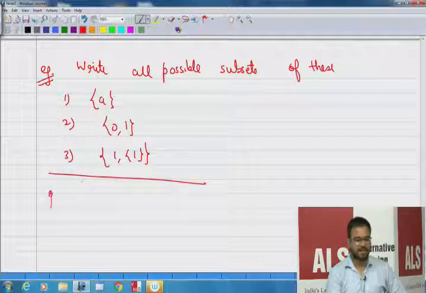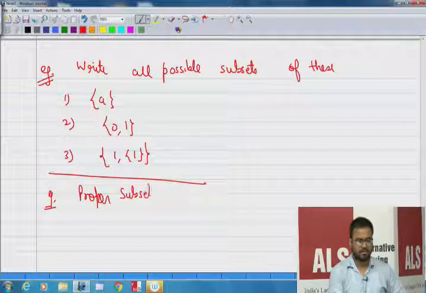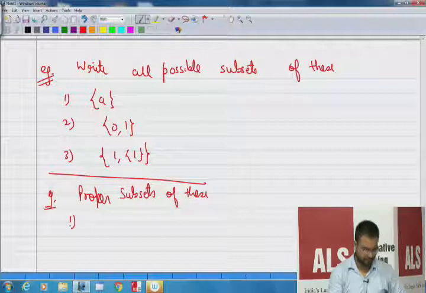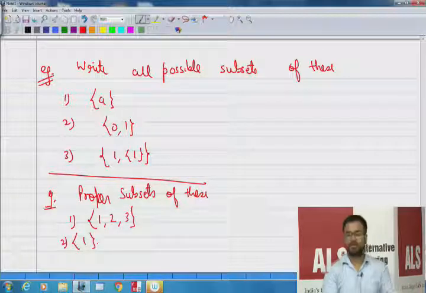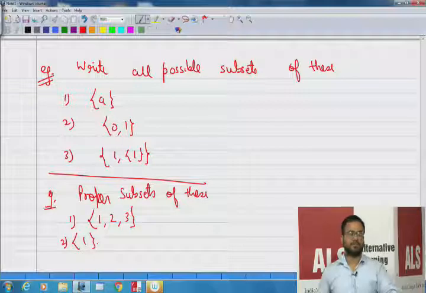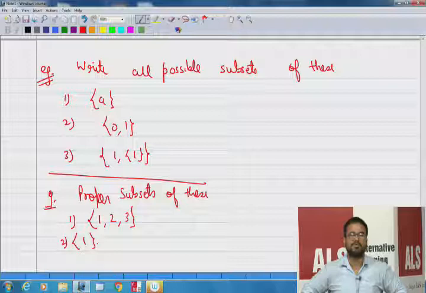Subsets for these and proper subsets of these. Subset of these and proper subset of these two.